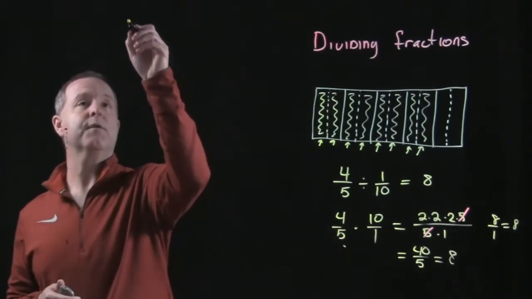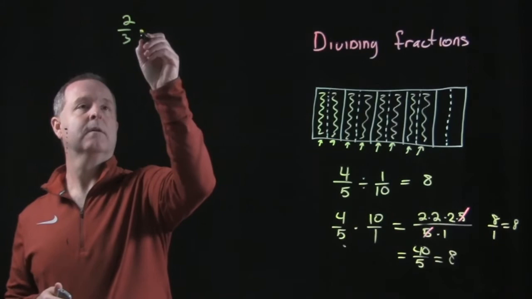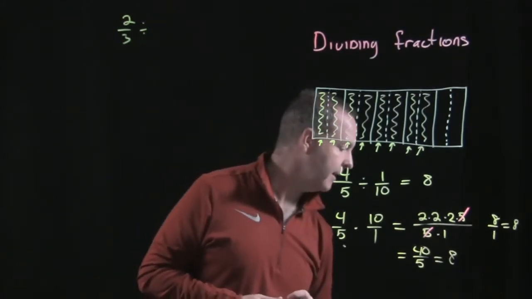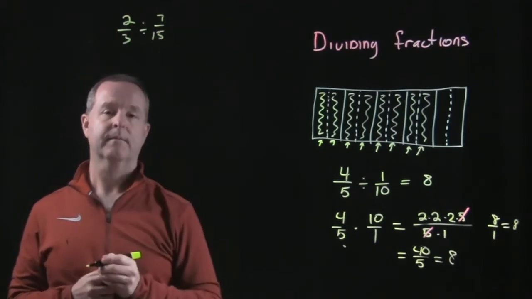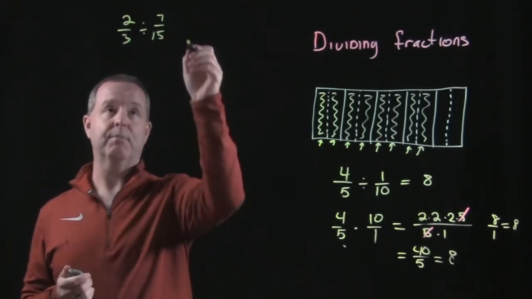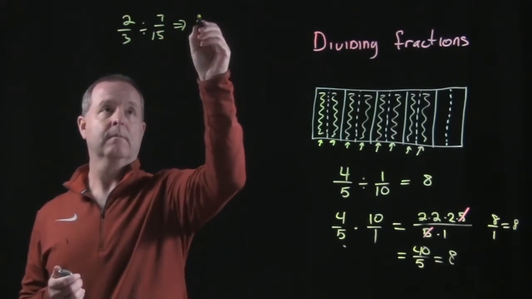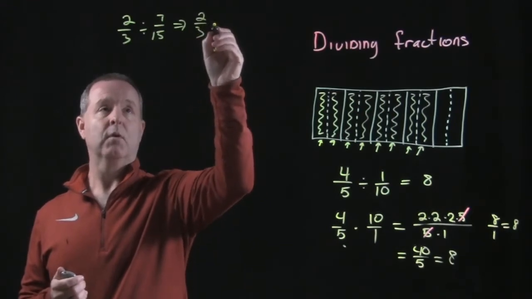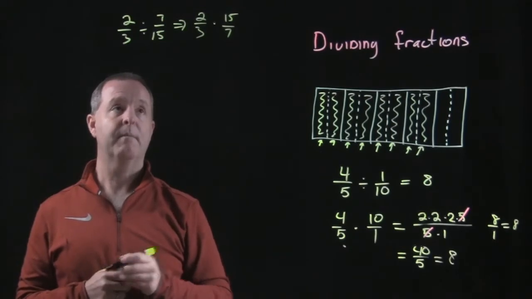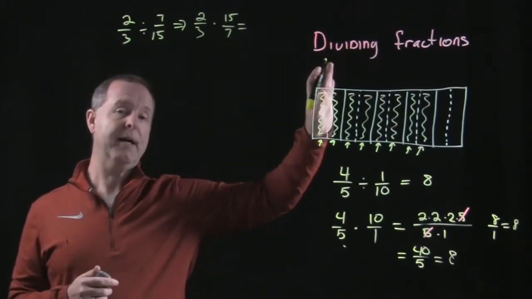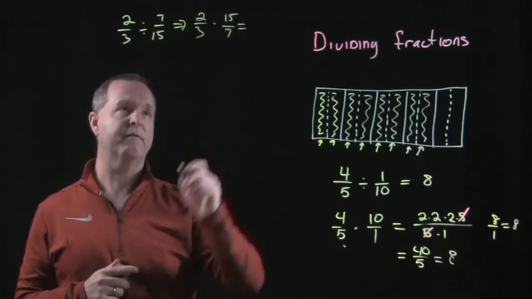So let's look at 2/3 divided by 7/15. Let's convert that to a multiplication problem. Multiply by its reciprocal. From there, we can multiply across, but I'm going to factor things down first as I do that.